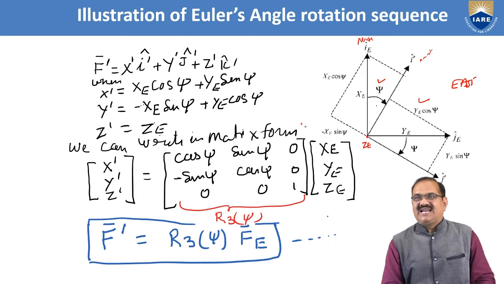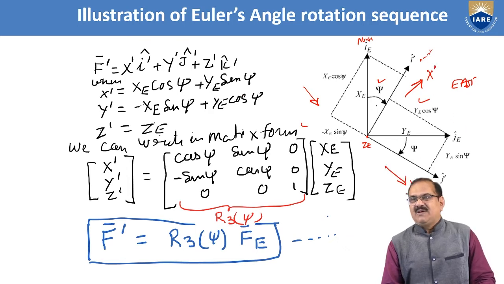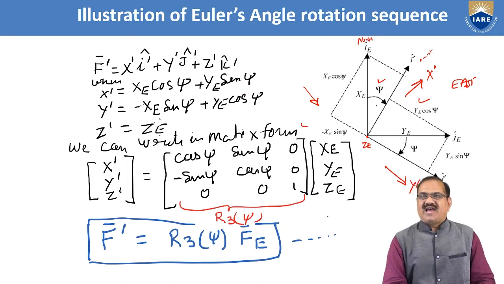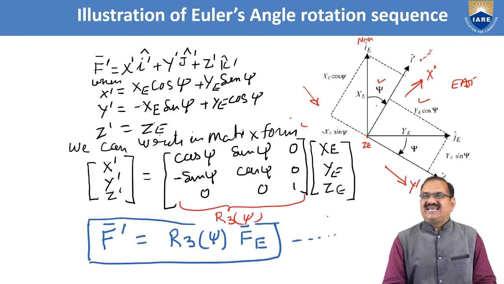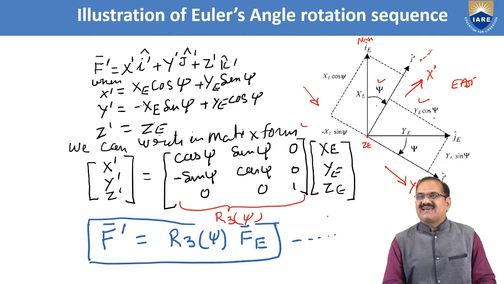This is the X prime, and in this direction, this is the Y prime direction. There will not be any variation in Z because it is rotating with respect to this, so Z prime is equal to ZE. I think it is very much clear now.